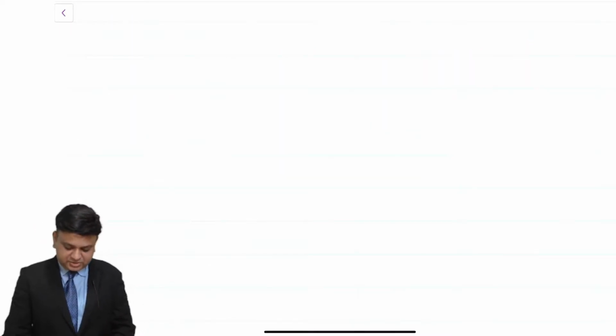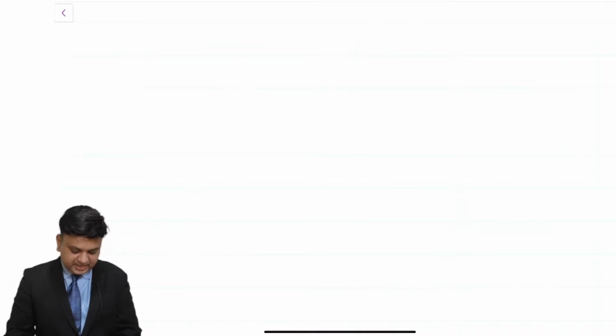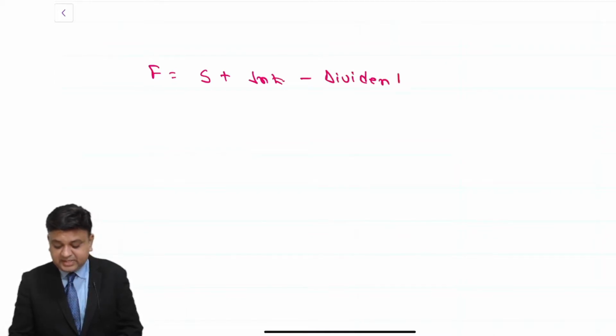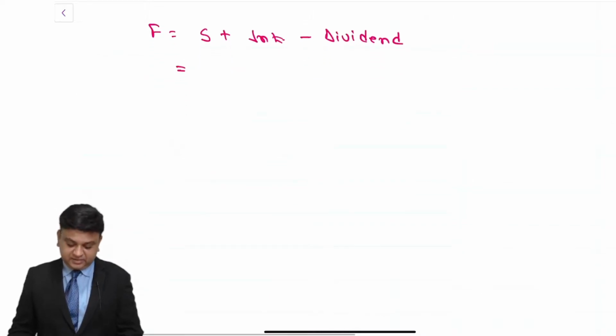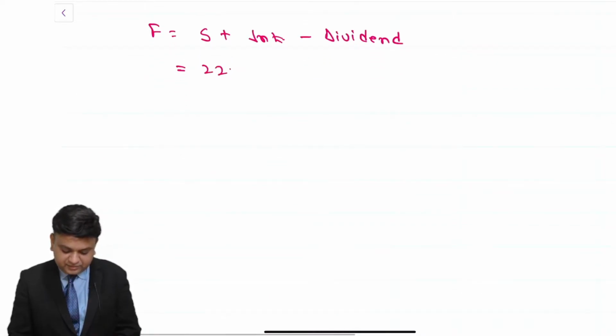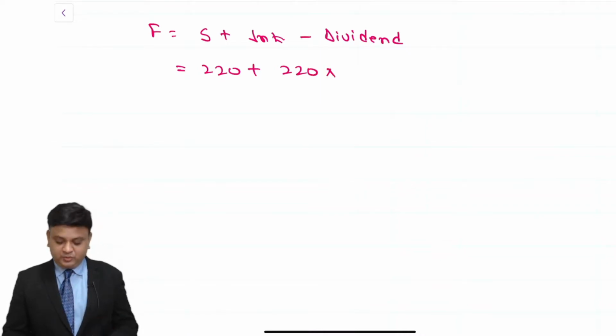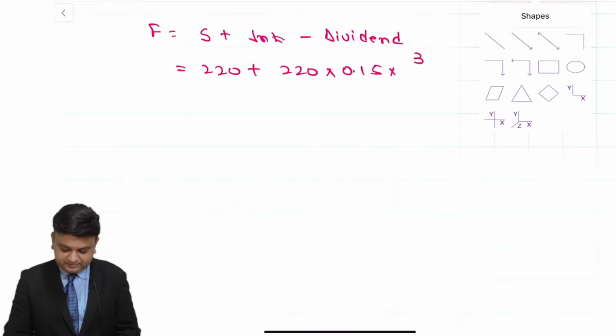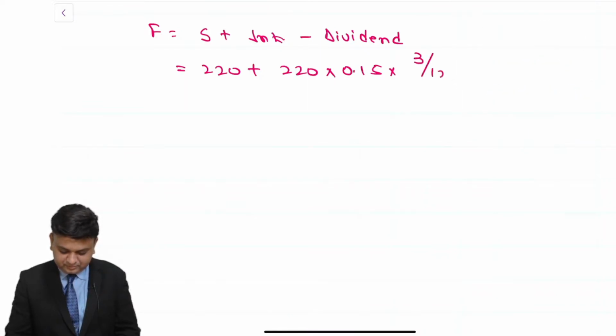So write down the answer of the question. F is equal to spot plus interest minus dividend, because we are assuming that the dividend is going to be received at the end of the period. So interest on dividend is not calculated. So 220 plus 220 into 15% into 3 divided by 12 minus 2 rupee 50 paise.